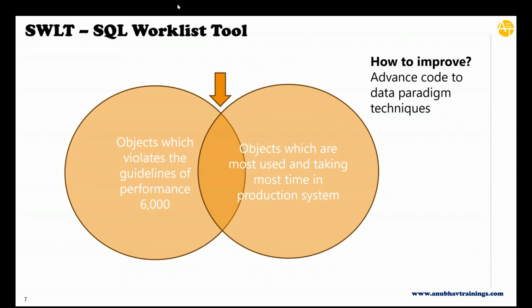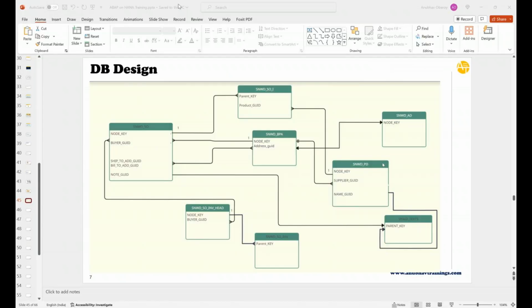Our use case is once again inspired from the database design, which we all have looked into in the last episode of EPM data model. Yes, we will use the EPM data model to utilize our use case and build our case study.